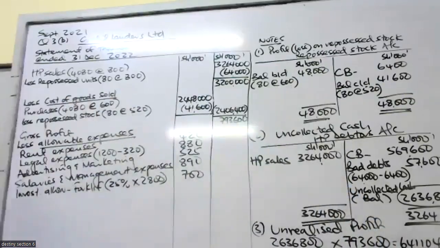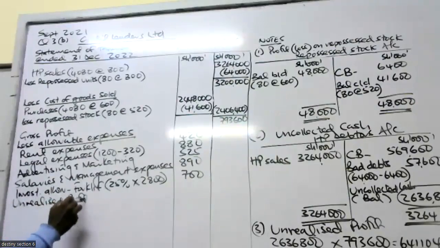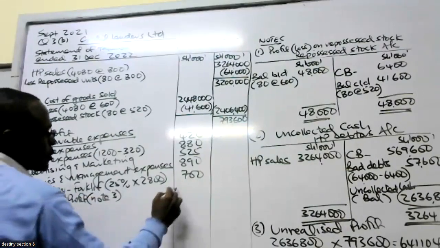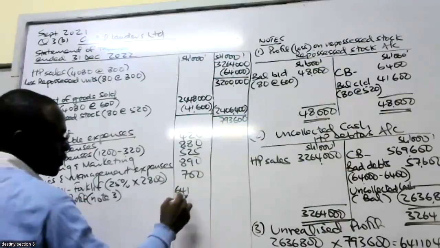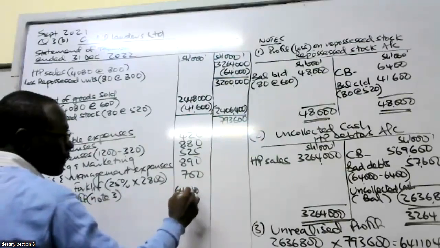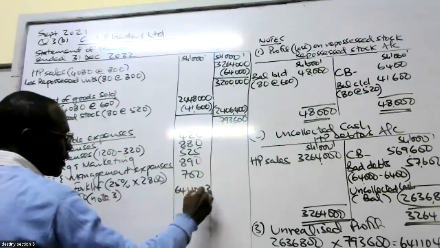That will be charged in the income statement, and we say unrealized profit. So 641,104.